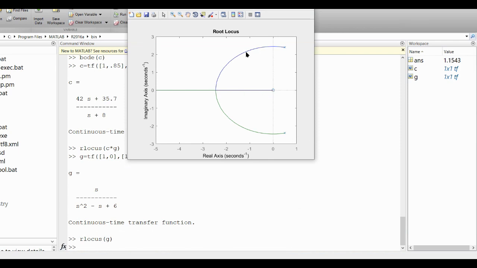This point here is something like minus 1.44 plus 2i. I may want it to go through minus 3 plus 2i, or I may want it to go through minus 1.44 plus i, so that it is better damped, and then the same principle can be used to design a compensator which will make one branch of the root locus plot go through that desired point. That's all.